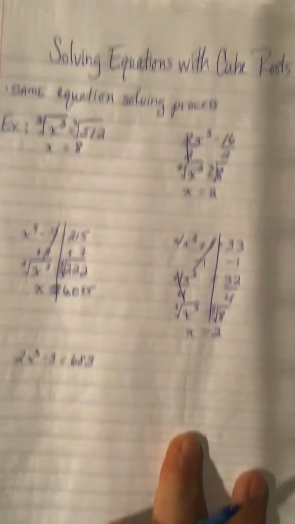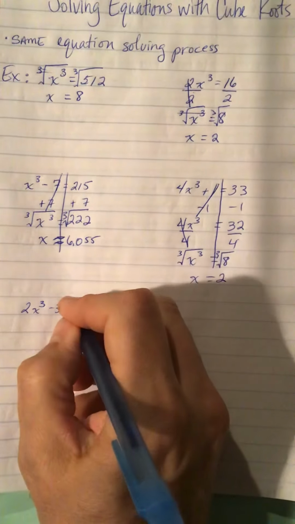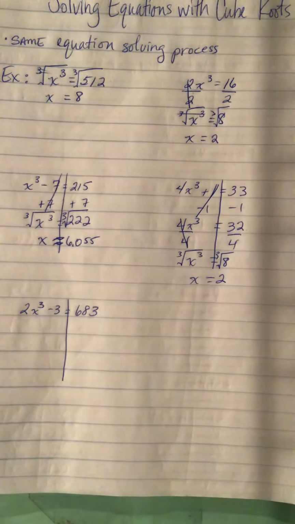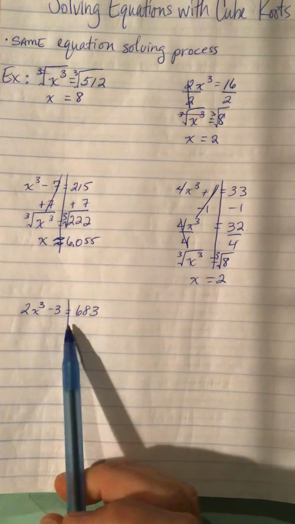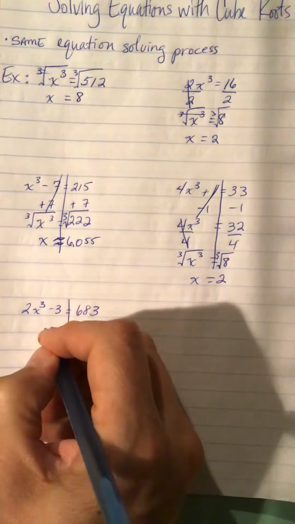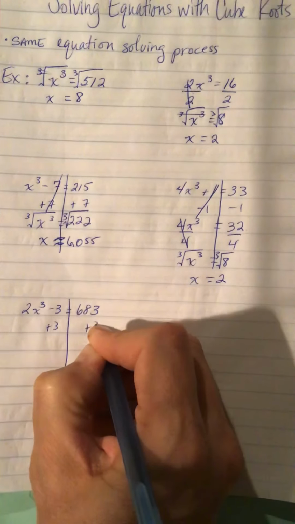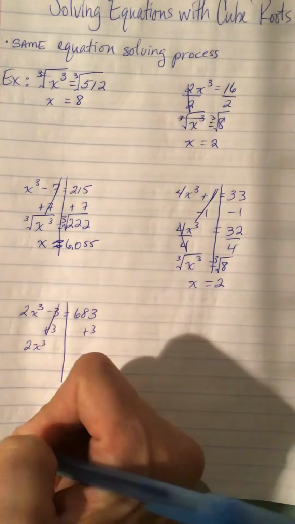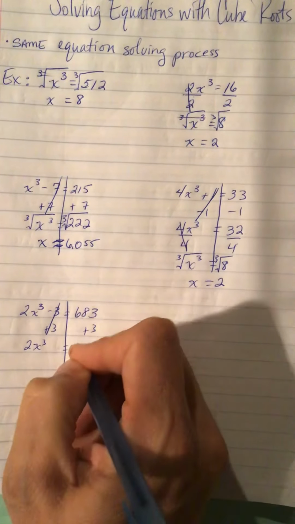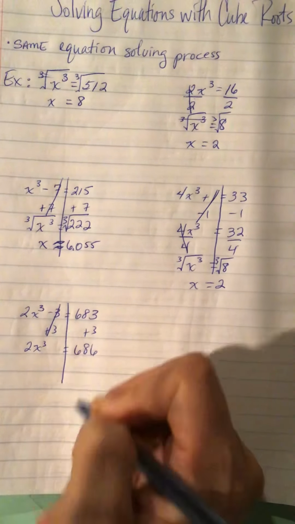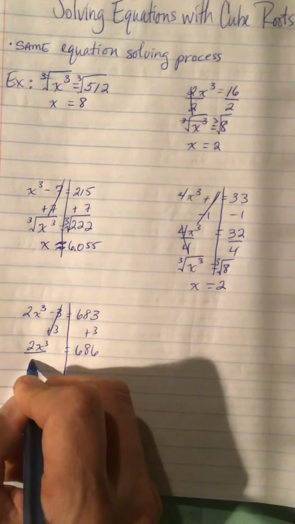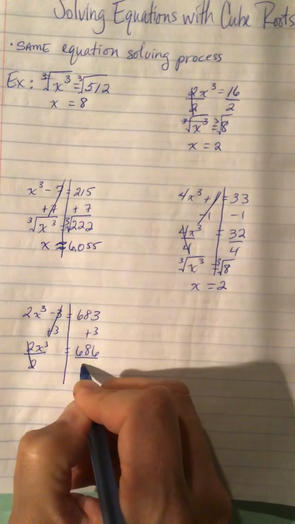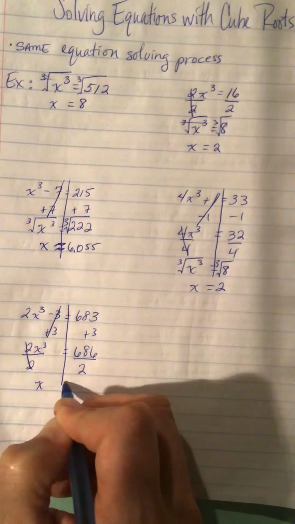All right, last one we're going to work out here is our example. Work through your problem solving process. You're going to add or subtract first, move the constant first. So we're going to add 3 to both sides. So we have 2x cubed, negative 3 plus 3 is 0, equals 686. We'll go ahead and divide by the coefficient to get just the variable by itself.